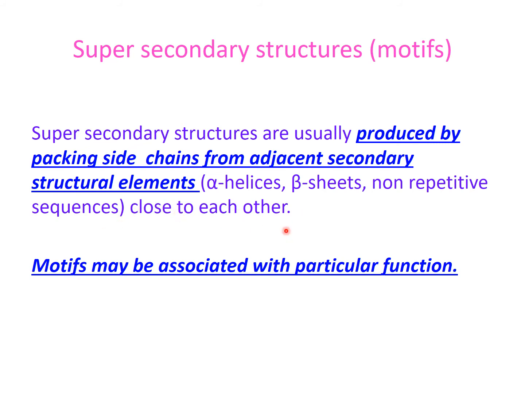In globular proteins, approximately half of the structure is formed by alpha helices and beta sheets, while the loops and coil conformation are called non-repetitive sequences. So they are placed close to each other in the motifs. Motifs may be associated with a particular function.